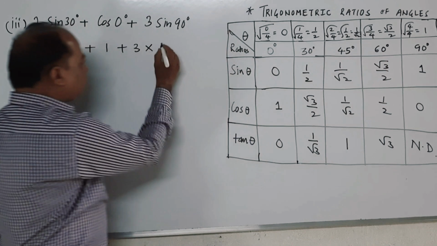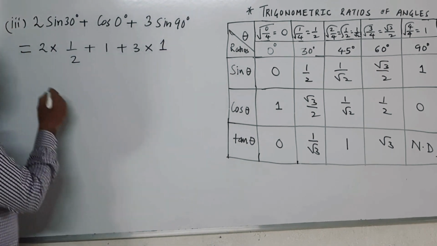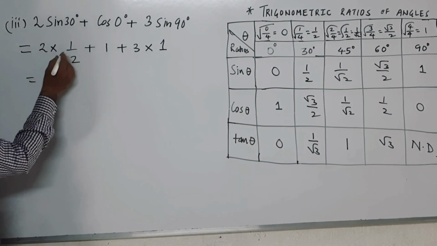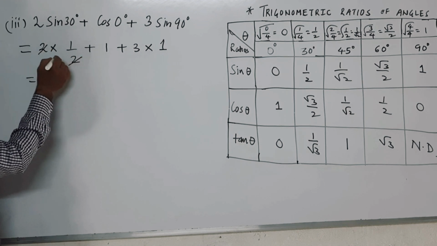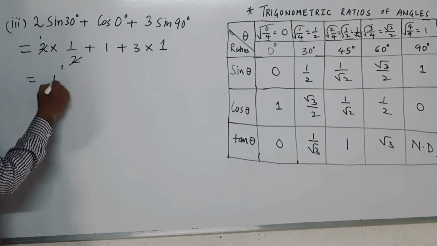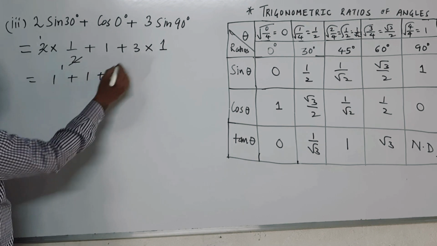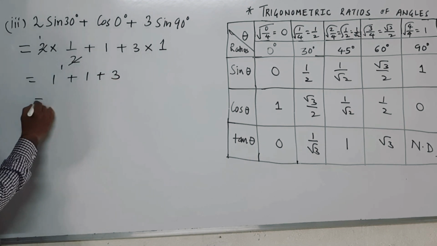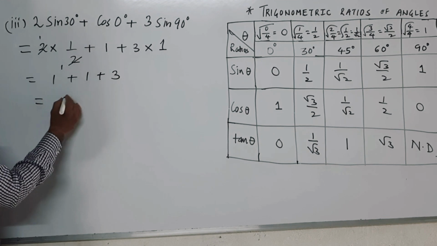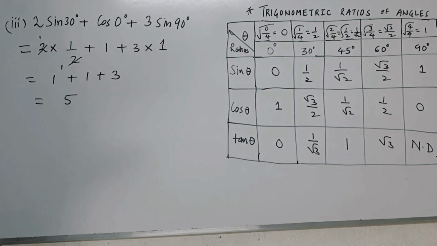Sin 90 is also 1 from the table, which is equal to 2 into 1 upon 2. 2 will get cancelled from numerator and denominator, answer will be 1 into 1, 1, plus 1 plus 3 ones are 3, which is equal to 1 plus 1 plus 3 is equal to 5.